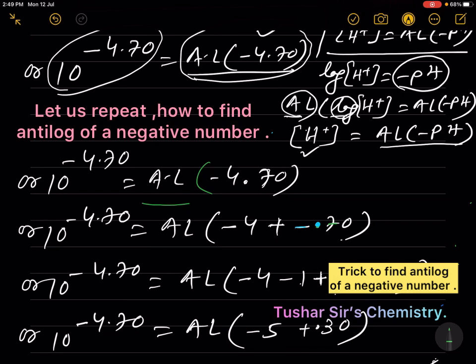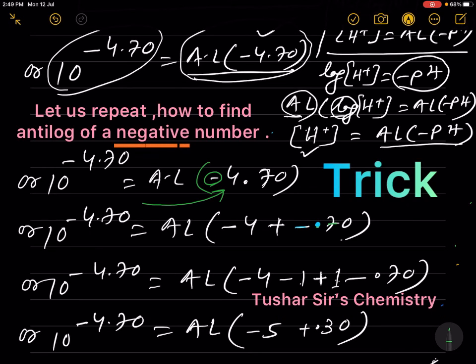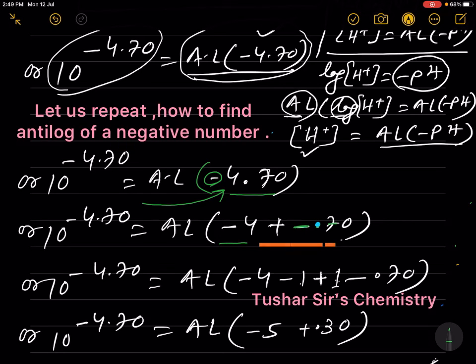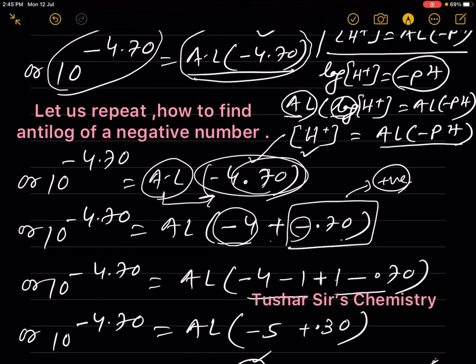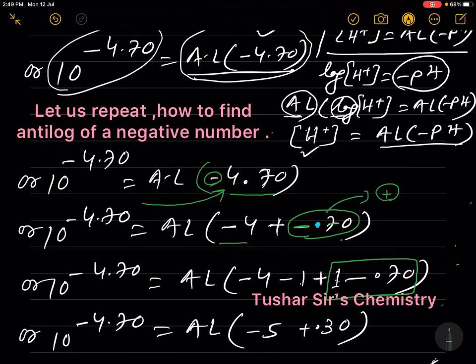Here we are going to calculate antilog of a negative number. This negative number can be written as minus 4 plus minus 0.70. This part should become positive. To make it positive, we have to subtract it from 1. 1 minus 0.70 is plus 0.30. Here we have added 1.